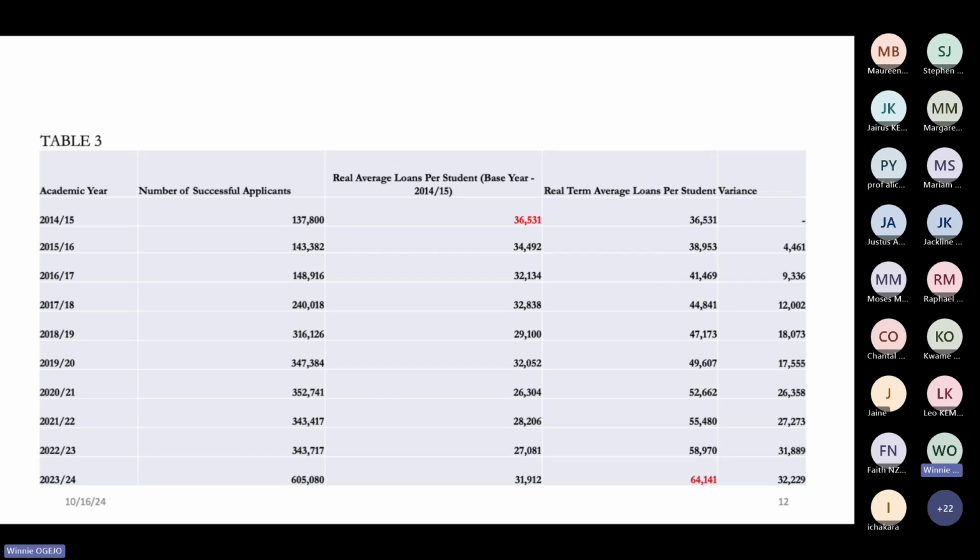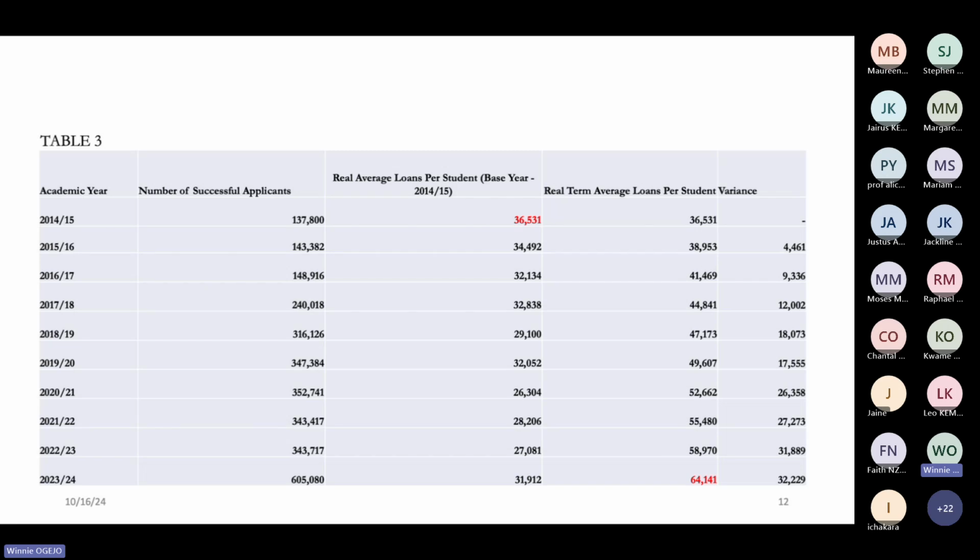So if you look at the number of successful applicants, it goes without saying that the demand for education has been increasing, because in our base year of 2014-15, HELP funded just about 137,800 students. But in 2023-24, they are funding 605,080 students. So that shows you clearly that the demand for education is increasing.